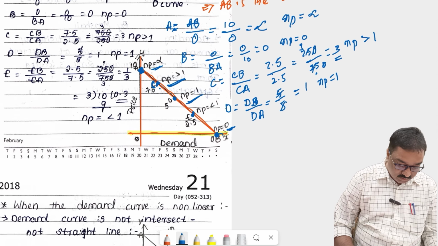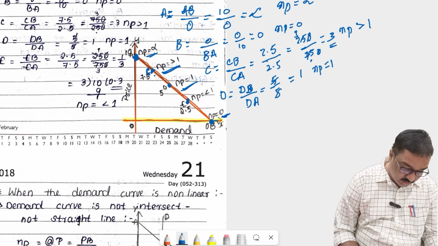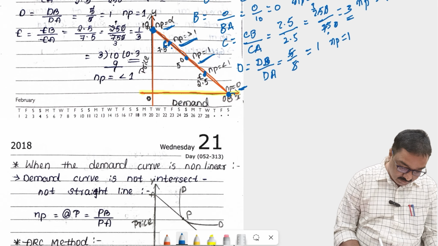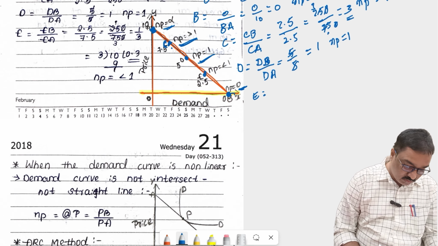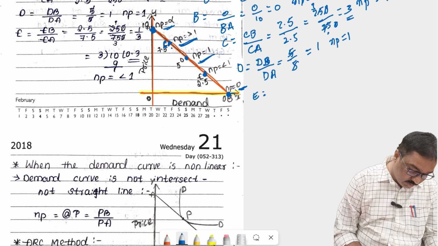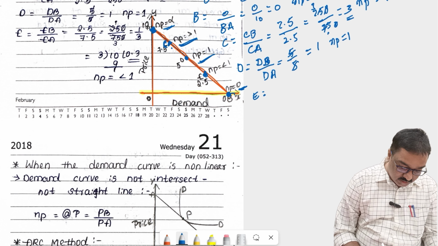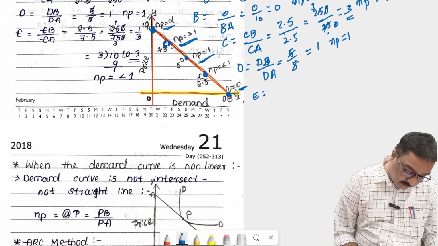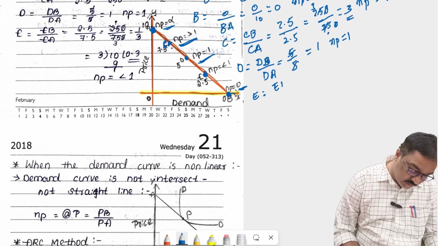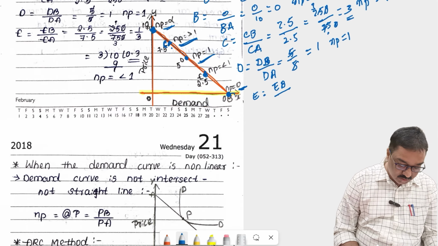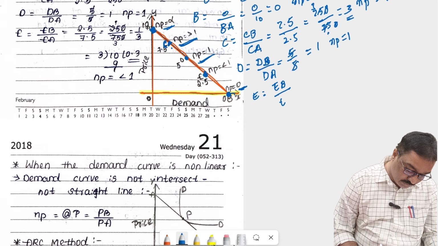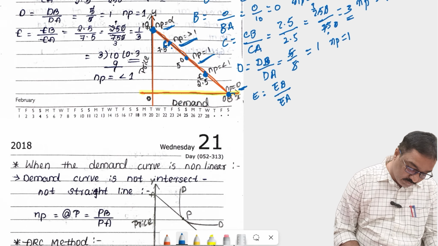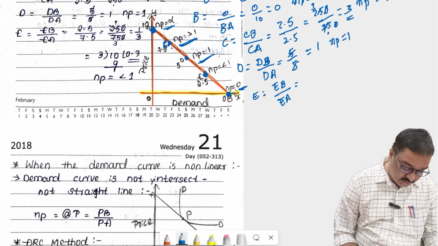At the point of E, what is the lower segment? This is the point E. The lower segment is EB. Upper segment, here to here, EA. How much is there?